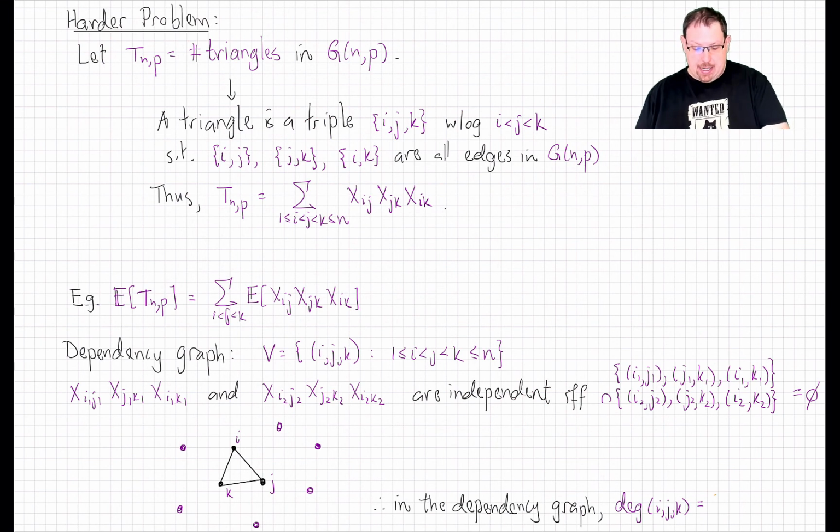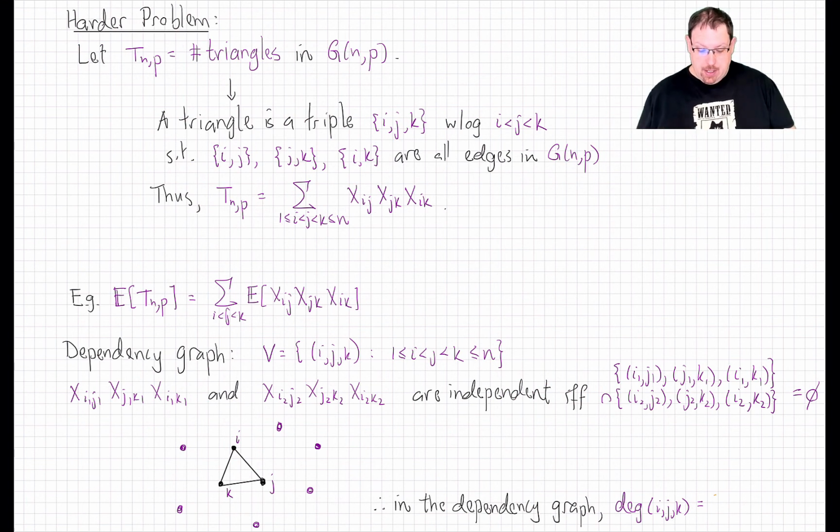That means that X_ij, X_jk, and X_ik all have to equal 1. And because they're 0, 1 random variables, that's the same as insisting that the product X_ij times X_jk times X_ik is equal to 1. Otherwise we get a 0. And therefore we see that this random variable is the sum over all triples i, j, k of this triple product, which looks a lot like the example that we just analyzed, where we start with IID random variables X and look at the sum of X_{i-1} X_i.